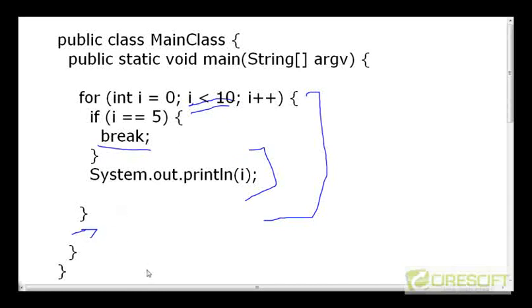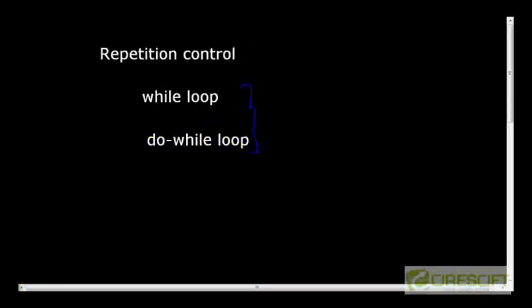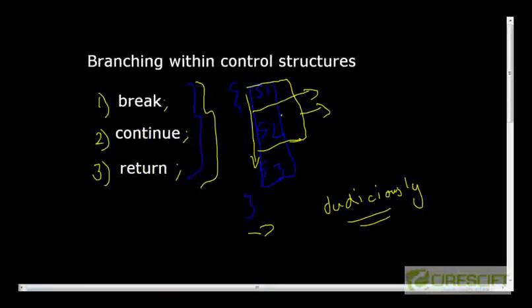So with this, I hope you guys have a better understanding of branching within control structures, of break and continue statements. And most of you might already be familiar with return statements. A return statement is basically when we return a value from a method or a program. I've seen something like return 5 if the method's return type is integer.